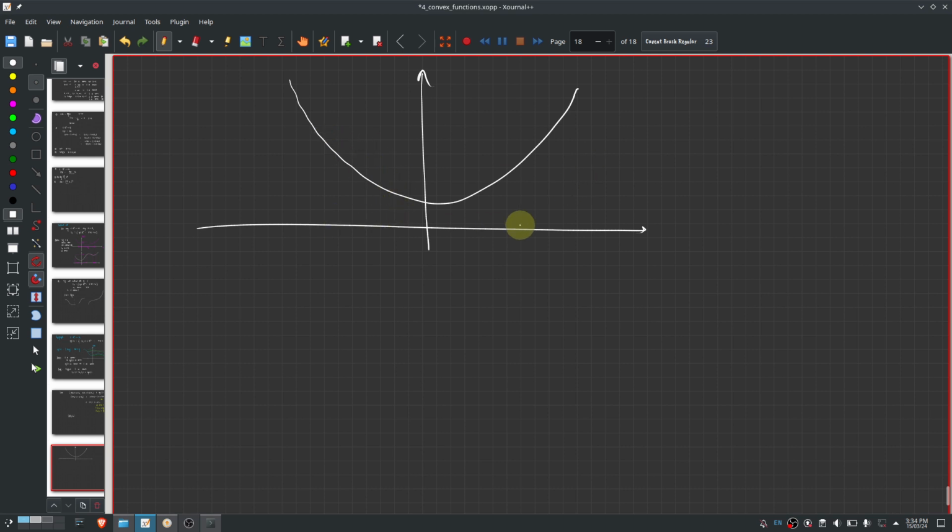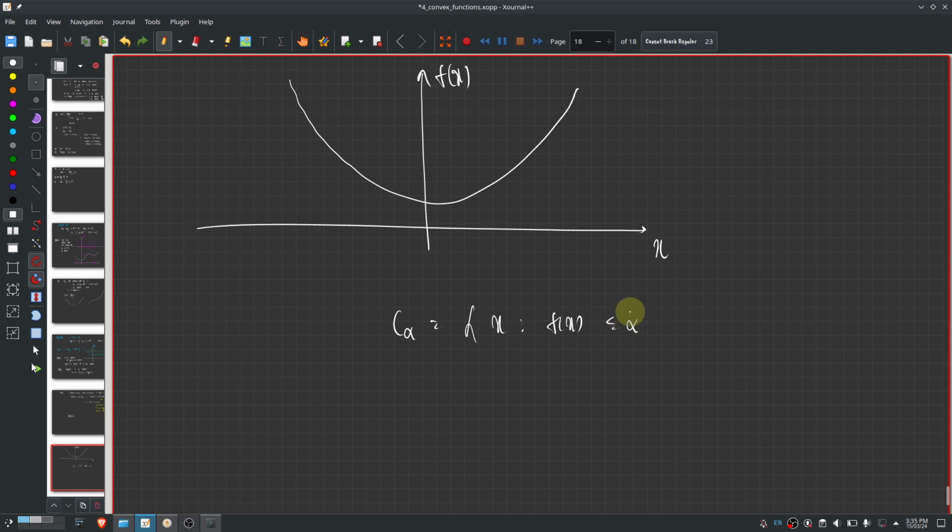So the epigraph is always a subset of Rn, in this case of X, of R. If I looked at the set of all alpha comma x, C alpha, the way it is defined, is the set of all x such that f of x is less than or equal to alpha.